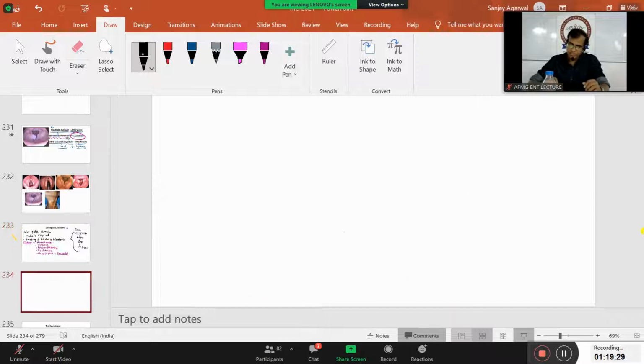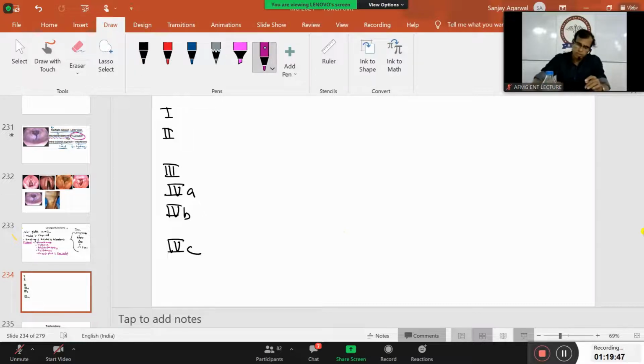So what are the stages we have? Stage 1, stage 2, stage 3, stage 4A, 4B, 4C. These two are the same option. These two are the same option. This is different from the first. So we have 3 different options.